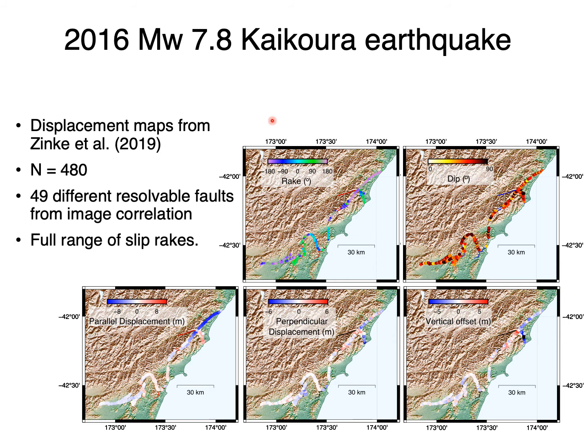So now to the second earthquake, we were looking at the Kaikoura event. Here we're using the displacement maps from Zinkital 2019, and we've measured displacement for almost all of the faults for this event. We have about 45 out of about 49 faults, so it's a very complicated event with slip vectors with rakes that span almost all the different orientations from right lateral, normal, left lateral, thrust.